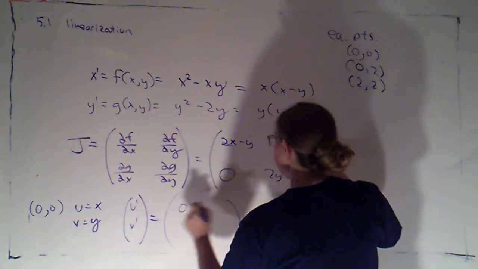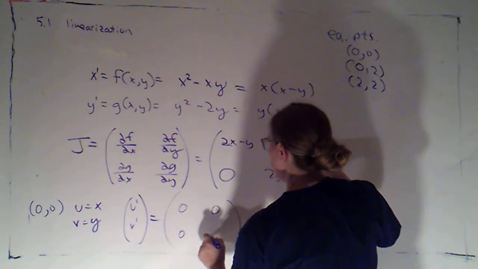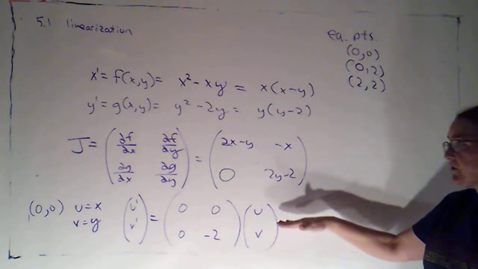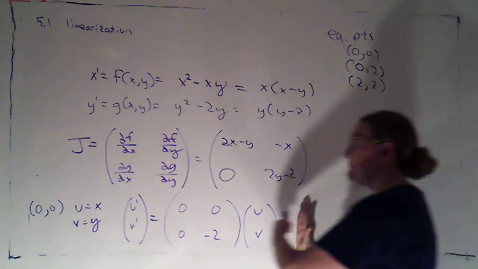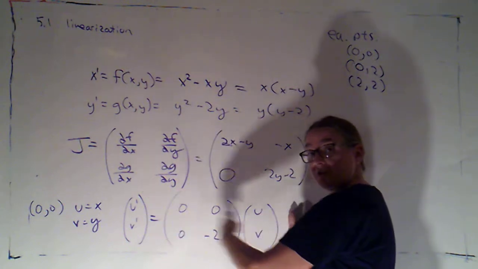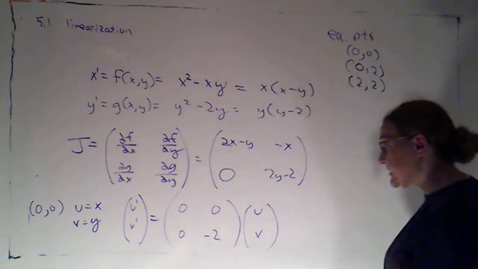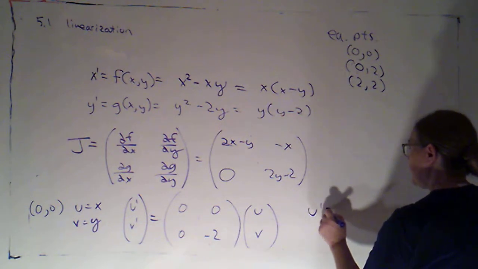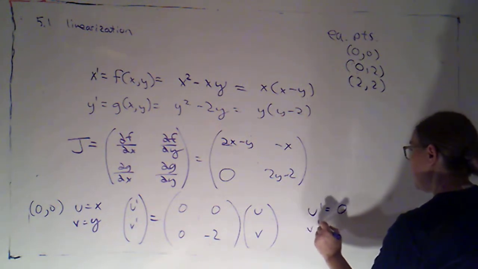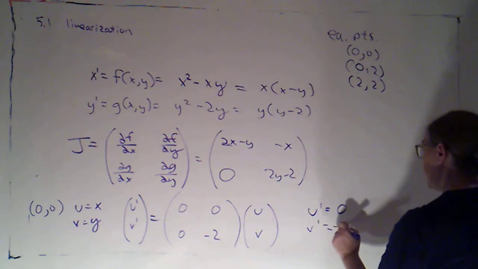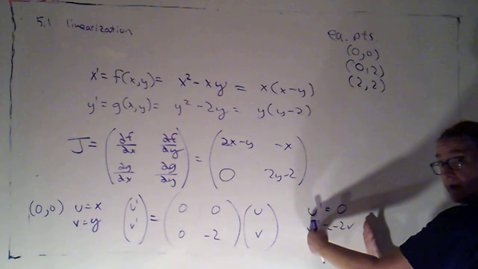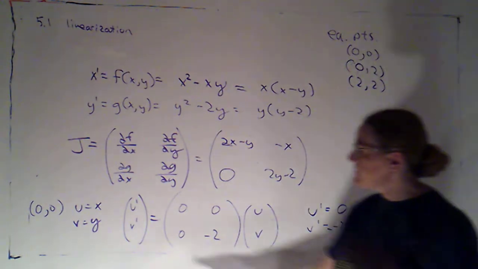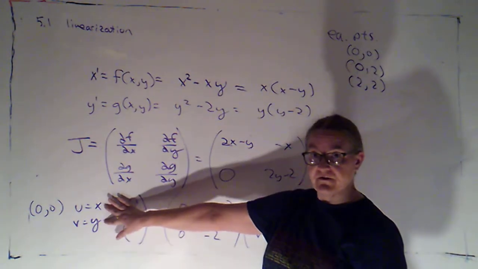So that would be [0, 0; 0, negative 2] times (u, v). So the linearized system involves the differential equation. Now I could write it in matrix form, or if I preferred, I could write it as u prime equals 0, v prime equals 0u minus 2v. So I could write a system of equations, or I could write a single matrix equation, and then I'm also going to state what u and v are.